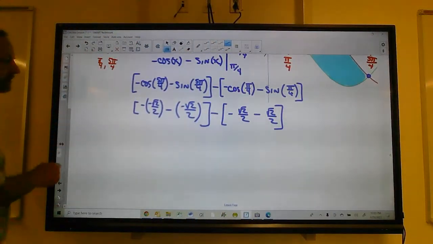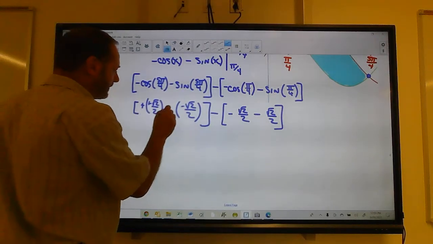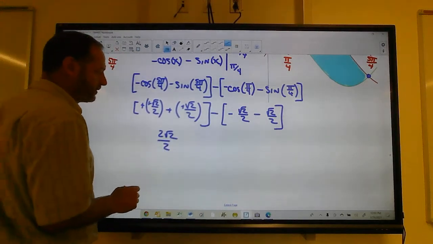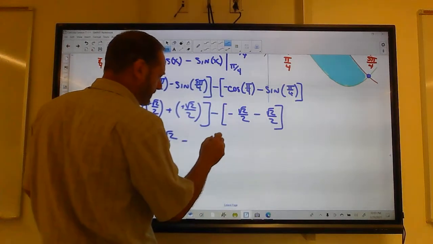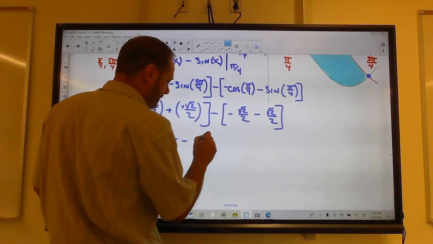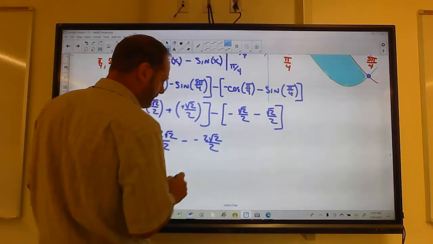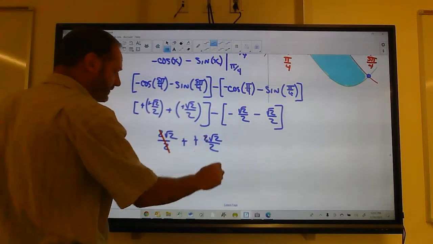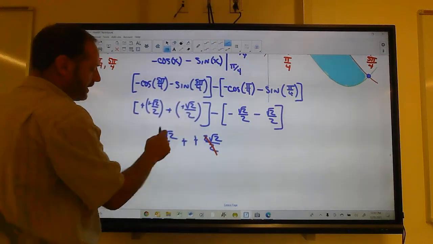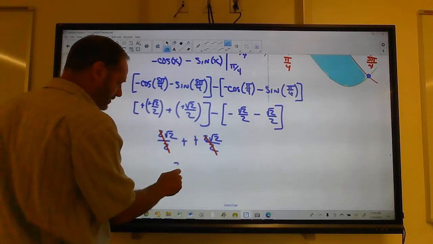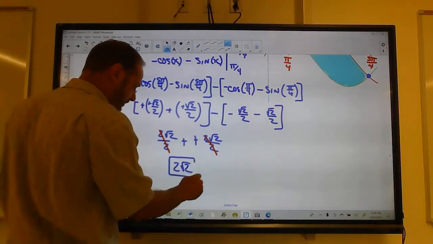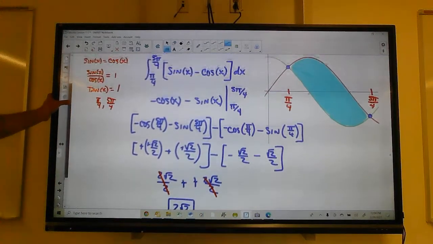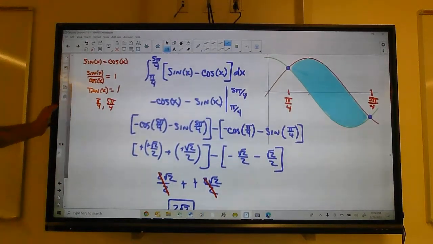So these cancel, those cancel, and I get 2 square root of 2 over 2. And this is minus negative 2 square root of 2 over 2. Of course, those cancel out. And we just get square root of 2 plus square root of 2, which is 2 square root of 2, which is our answer. So that's the area between the sine and the cosine curve on any interval.